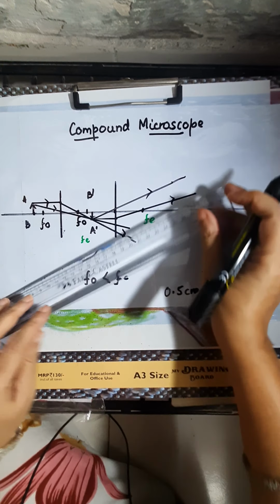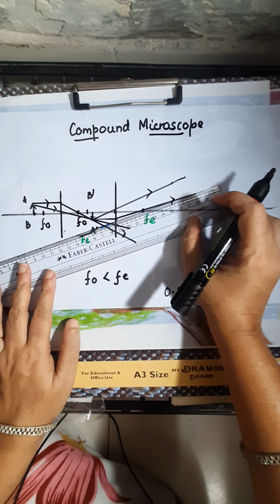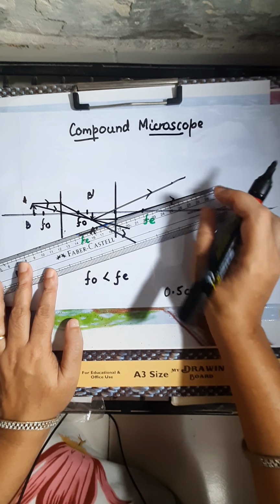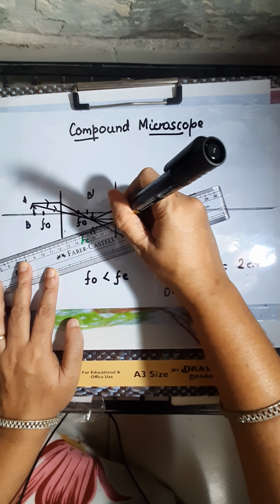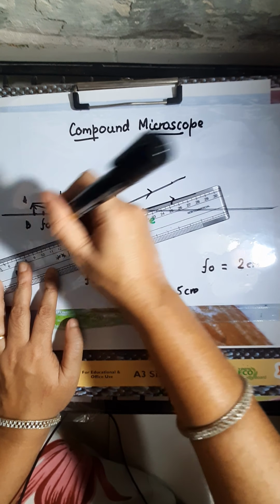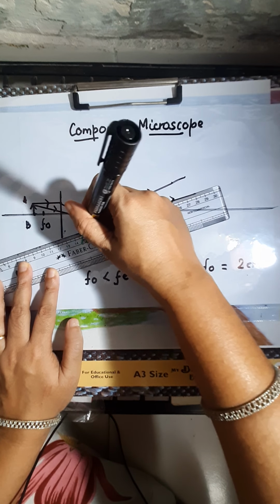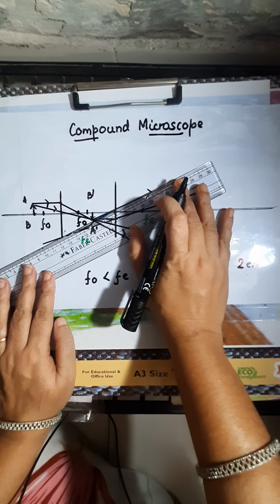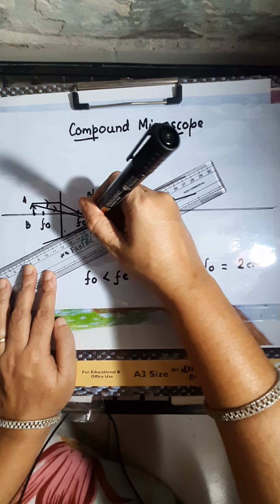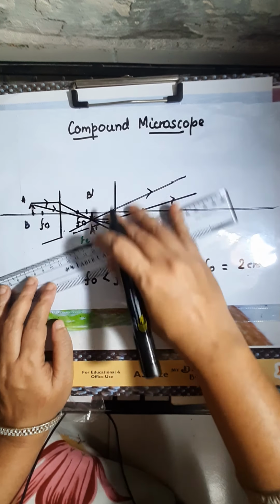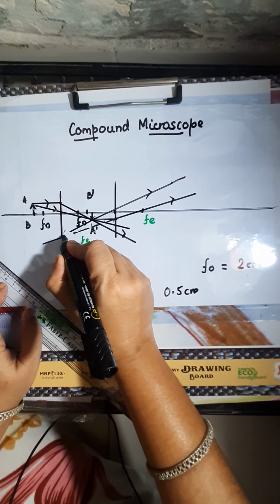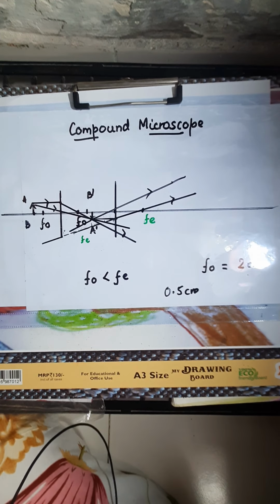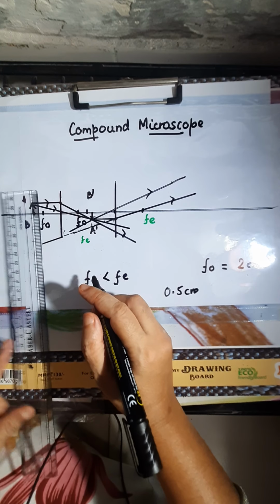So in order to obtain the image, I have to produce the rays backwards with a dotted line. Wherever these two dotted rays of light meet, that's where my image is formed.